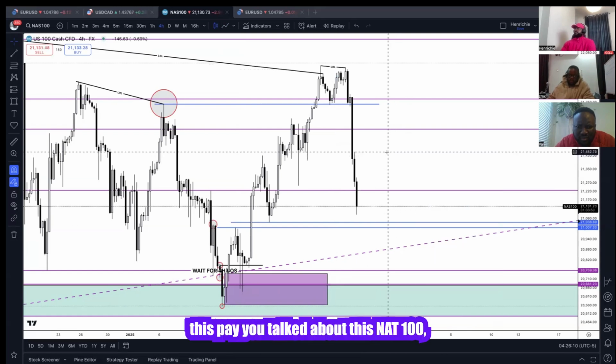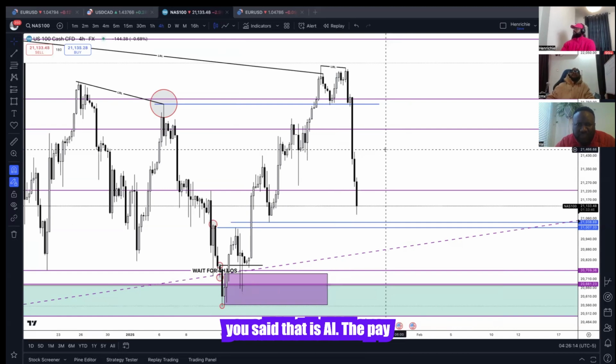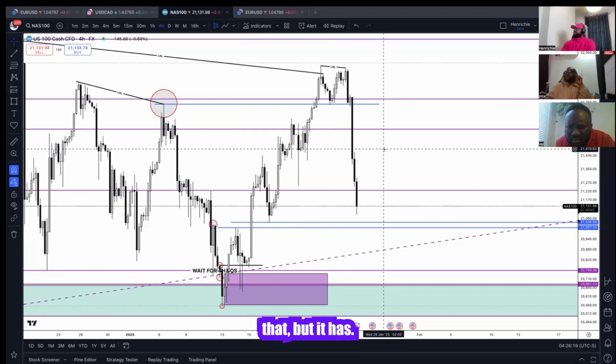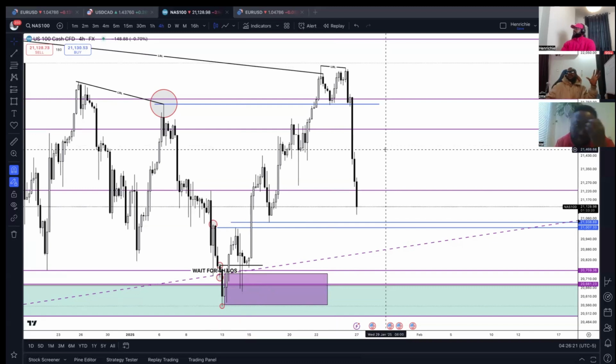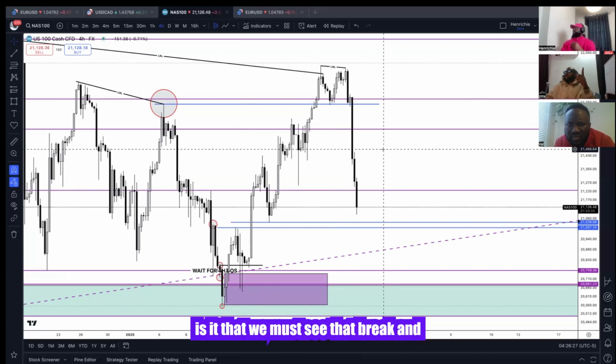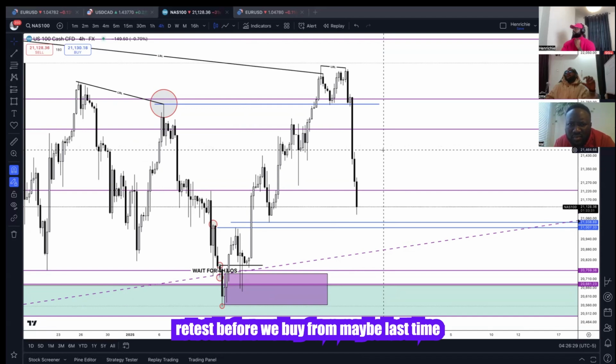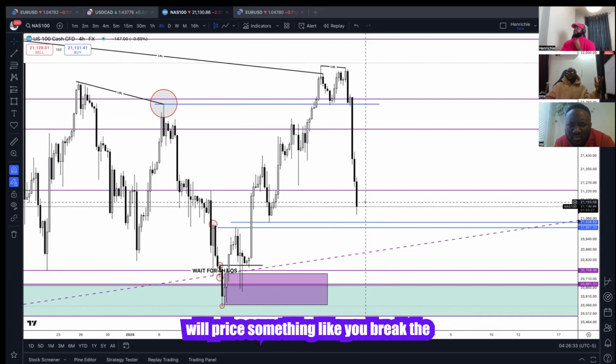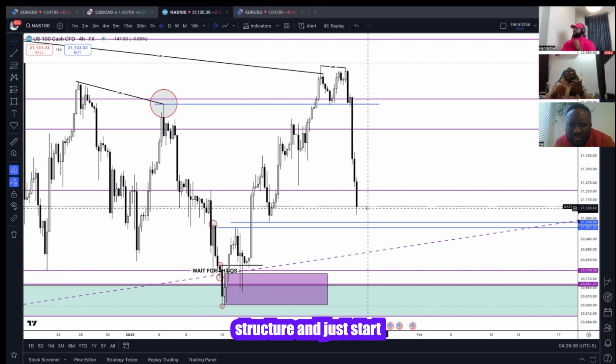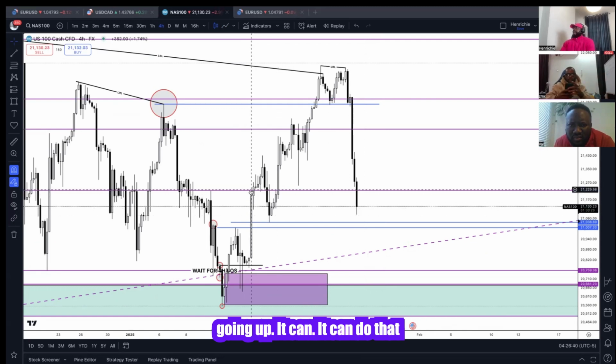So this pair you talked about, this NASDAQ 100, you said it has high volatility. Yes. So is it that we must see that break and retest before we buy from maybe the last down close candle or a fair value gap? Or will price break the structure and just start going up?